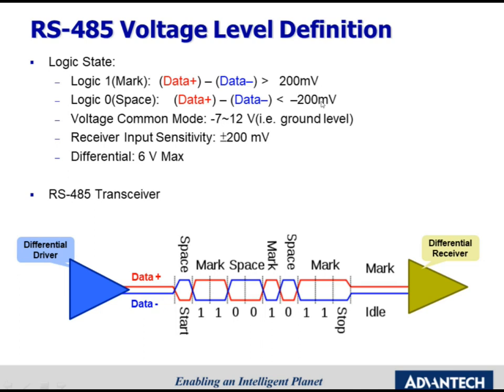So we can know the receiver sensitivity is plus minus 200 mV. The voltage between minus 200 mV to 200 mV is the invalid region in RS-485. Below diagram shows RS-485 transceiver and how data is transmitted in differential pair signal.